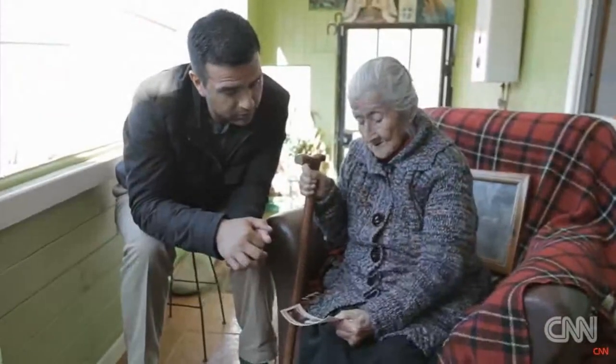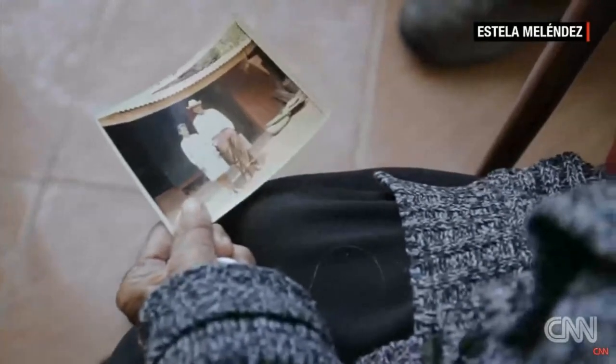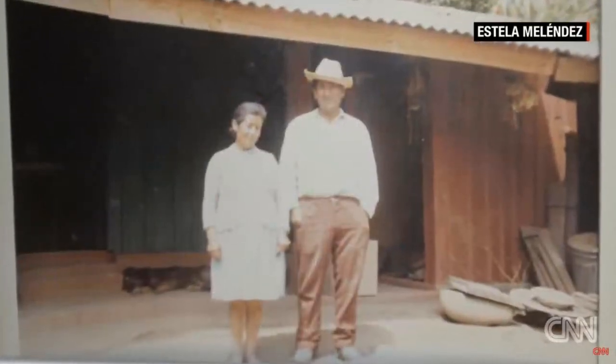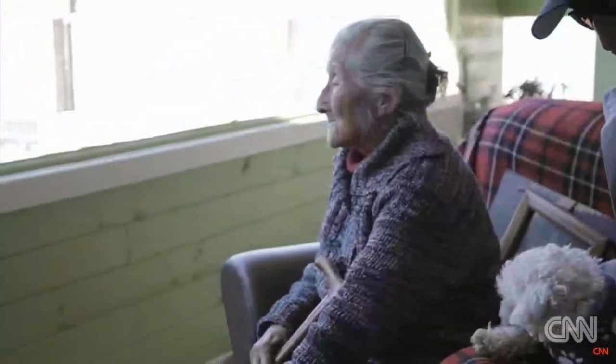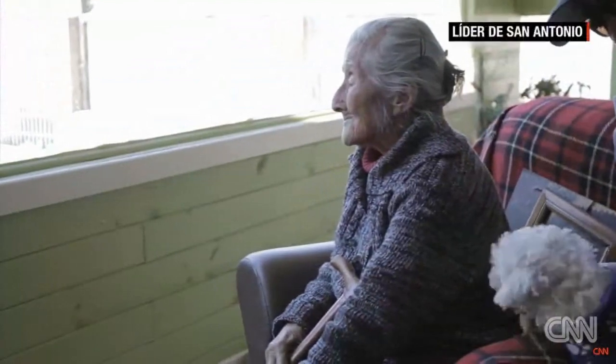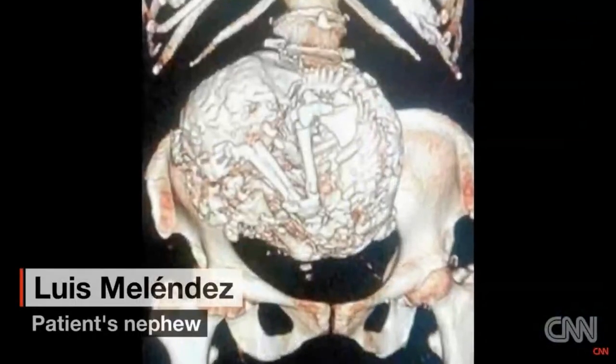I have the lump here, Melendez says, touching her belly. For Melendez and her family, it's been quite a shock. Melendez became a widow in January when Manuel Gonzalez, her one and only husband for 74 years, died. The couple never had children. Upon further inspection, doctors now say the fetus has been in the elderly woman's uterus for more than 6 decades. Can you imagine? More than 60 years, the woman's nephew says. I wonder how she never felt bad once the fetus died inside of her.